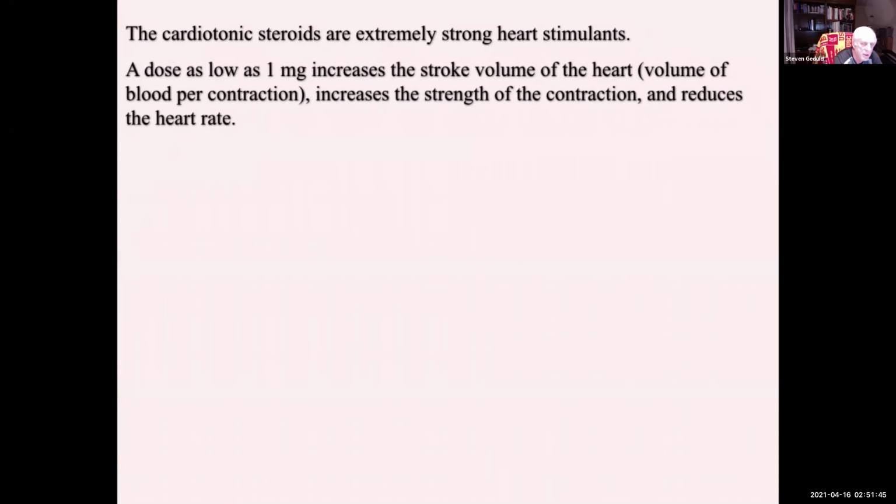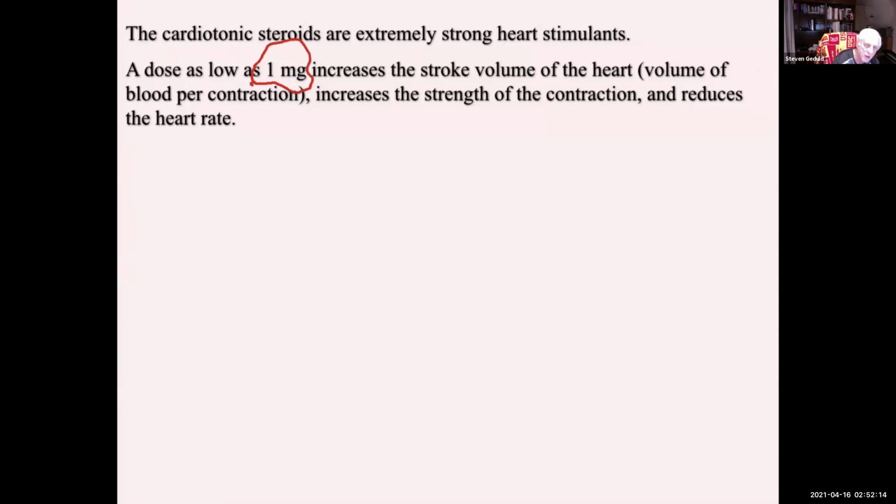Okay. The cardiotonic steroids are extremely strong heart stimulants. A dose as low as 1 milligram, that's a very tiny amount, increases the stroke volume of the heart and increases the strength of the contraction, and it reduces your heart rate because more blood is pumping more efficiently now. It doesn't have to beat as many times. So it increases the volume, how much blood is moved per contraction, and it increases how strong the heart contracts, how much it squeezes blood out of it.